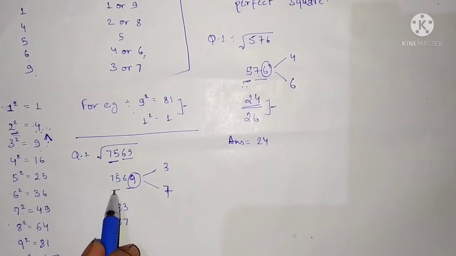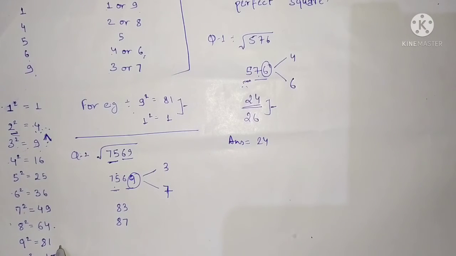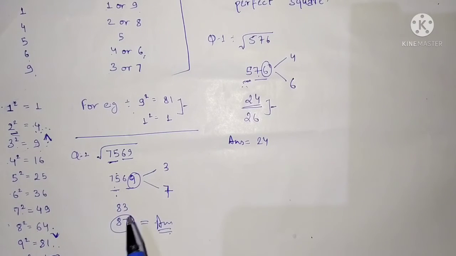Again we go to the second pair, 75, and see whether it is nearest to 64 or 81. 75 is nearest to 81, which is the upper number, so we will take the lower unit digit, which is 7. So 87 is the answer. Is it clear?